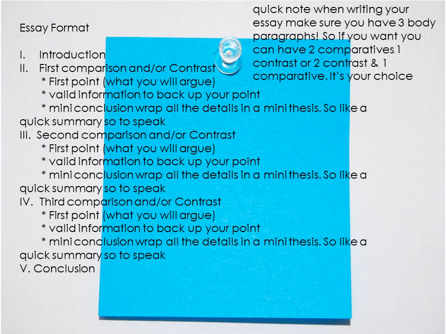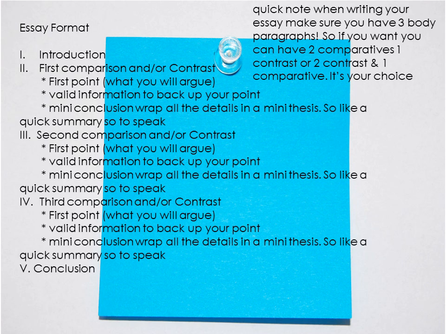The essay format. You have your introduction paragraph, to start it up. Then you have your comparison or contrast. I normally suggest three body paragraphs. So you could do two comparisons, one contrast, or two contrast, one comparison. But in each one of those, you need to have your first point, or what you're going to argue.